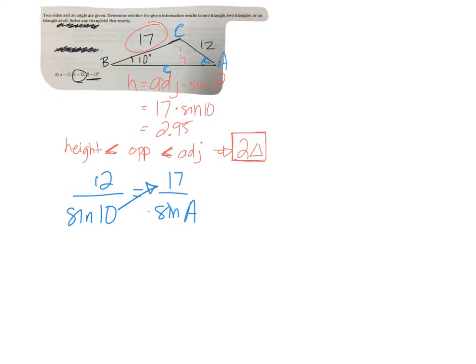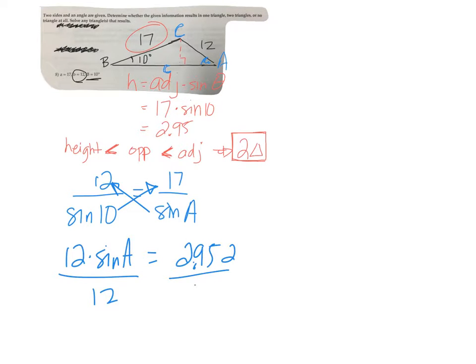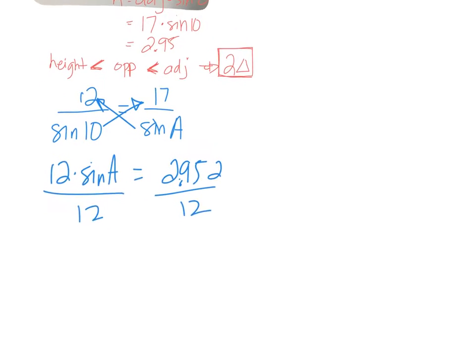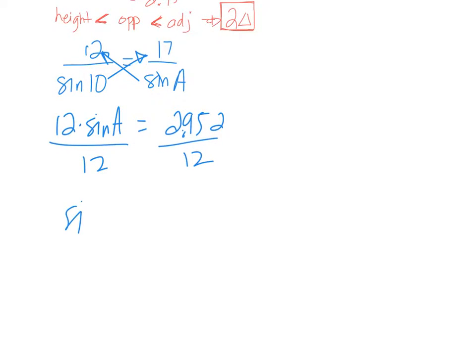So we cross multiply. So 12 times the sine of angle A equals 2.95. Okay, divide both sides by 12. The sine of A is equal to 0.246.